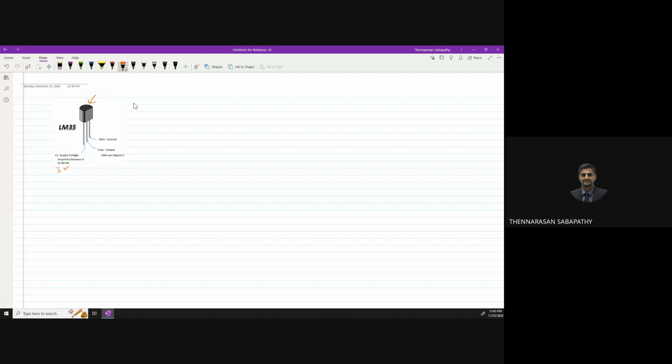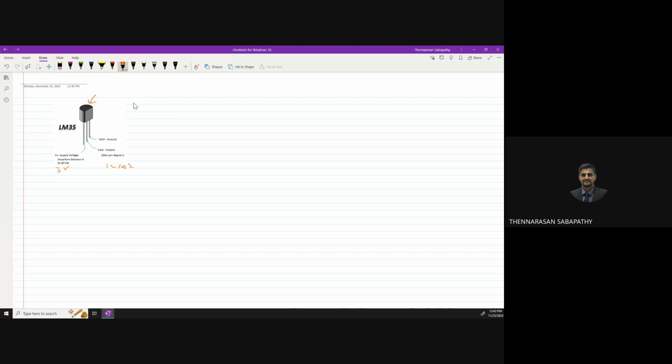Let's assume we only use the 0 to 100 degree configuration. That's at circuit level. If you change the circuit configuration, it will give -55 to 150. The other one is 0 to 100. If you just connect VCC, ground, and Vout straight, it only gives 0 to 100, I think, not even 0, a little bit higher than 0. I'm not so sure, later you can check.